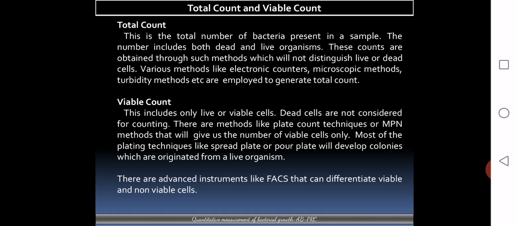All right. Additionally, recently we have advanced instruments like the flow cytometer or FACS, the fluorescence-assisted cell sorter, which can differentiate dead cells and viable cells separately, and you will get the count of both separately.